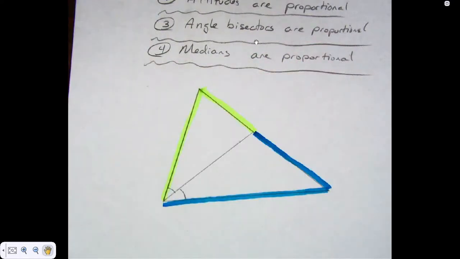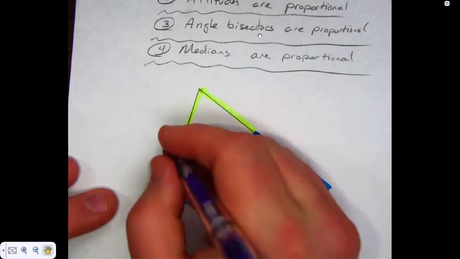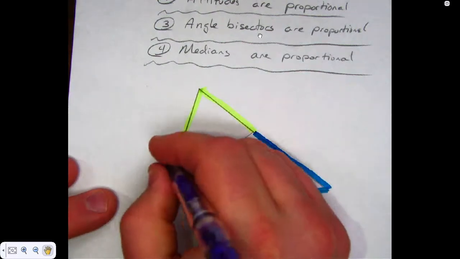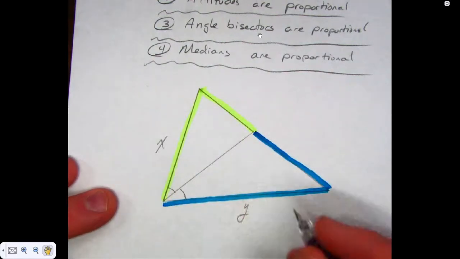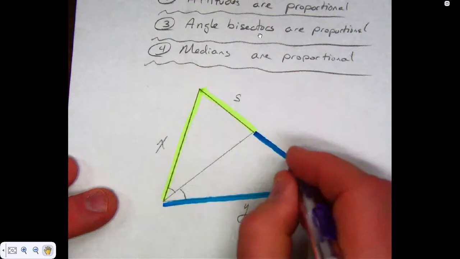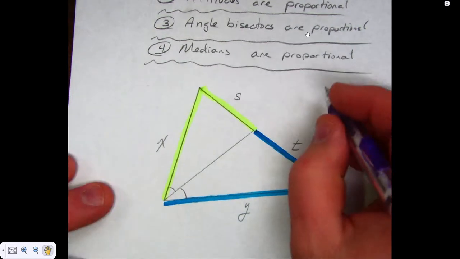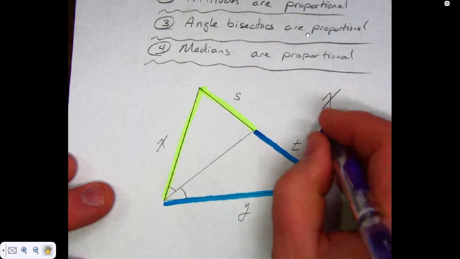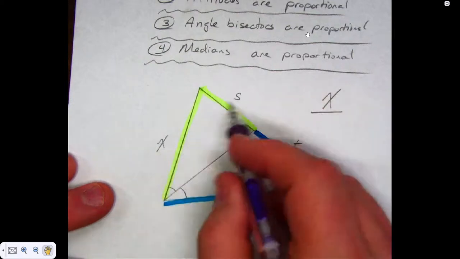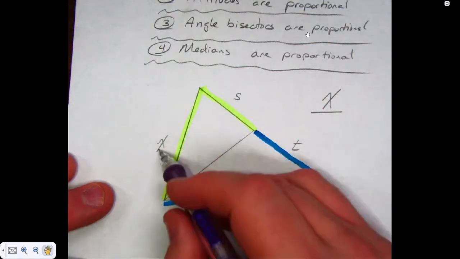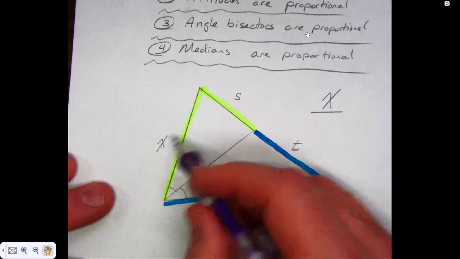What I mean by that is this, let's make this X, this Y, make this S, and make this T. What do you think I mean when I say those parts created are proportional? X over, what is the side that goes with it? The part that goes with X, the one on its side?